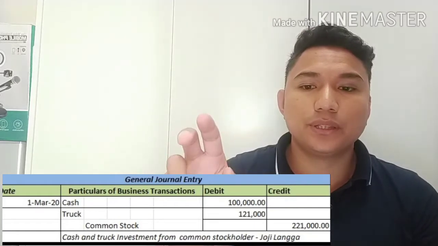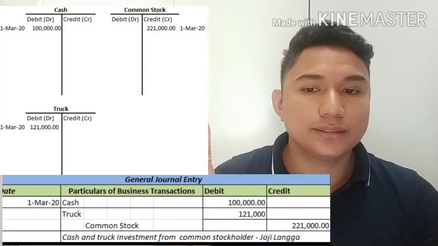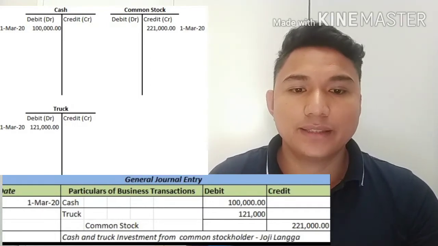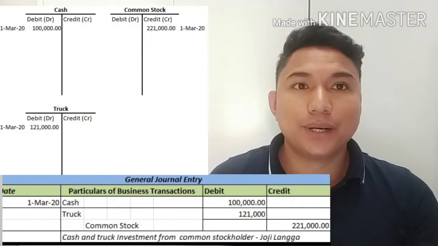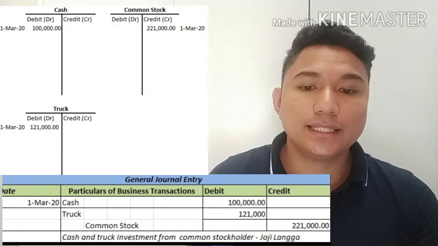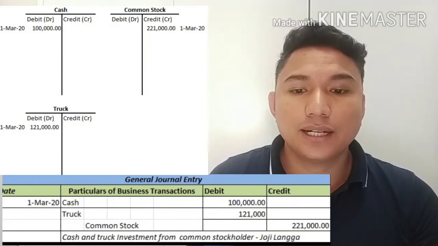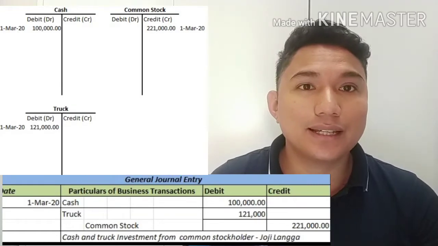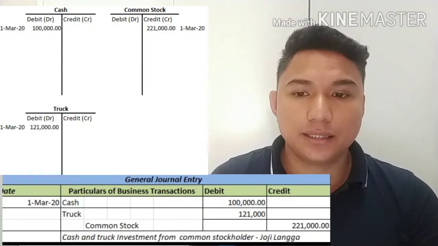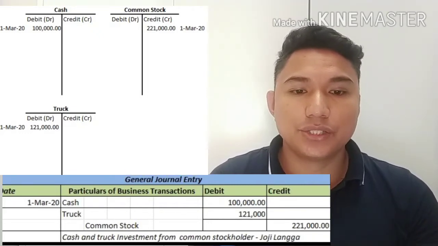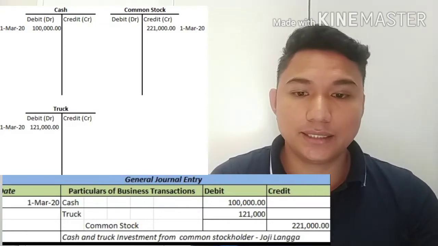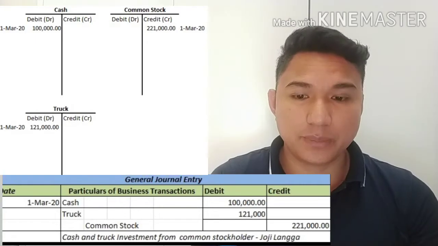We have to put the debit side of cash 100,000, the debit side of truck 121,000, and the credit side of the T account under the name of common stock 221,000. So debit 100,000 for cash, debit 121,000 for truck, and credit 221,000 common stock. So it's balanced.